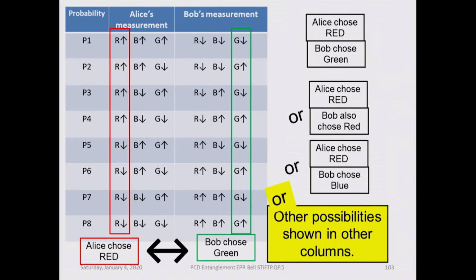So, there are these possibilities, and I have put in these red and green rectangles only those corresponding to Alice choosing red and Bob choosing green, but then you have other combinations.